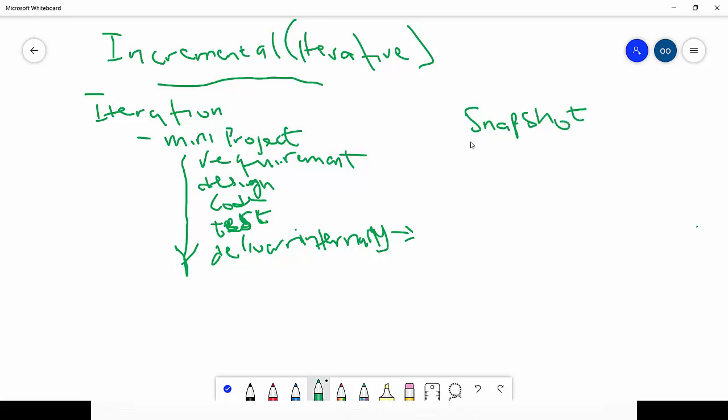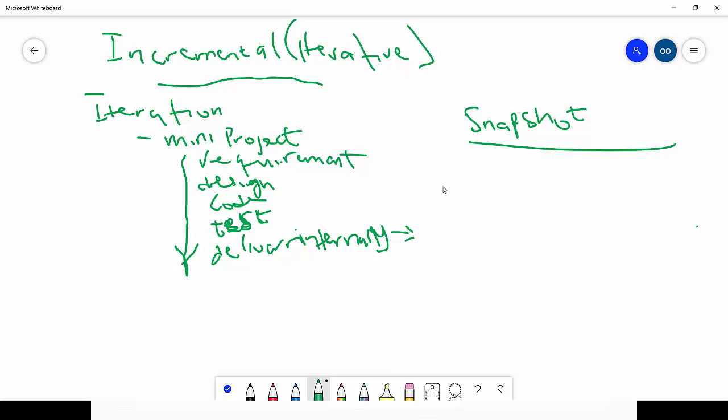So we say that you take a snapshot of the requirements, because you can only develop based on what you know. You should try your best not to develop outside of what you know. So the first thing you do for an iterative model is you agree that there are unknowns. You agree that the only constant is change.